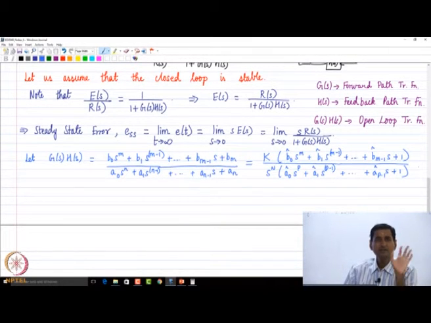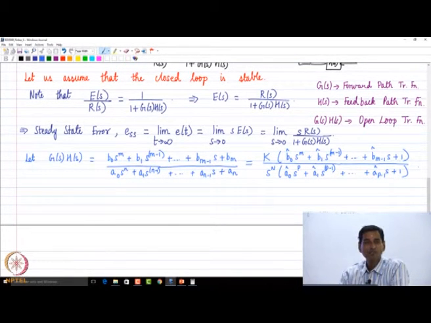I am doing two things. First, I am seeing whether there are open loop poles at the origin. Open loop poles are the poles of the open loop transfer function.